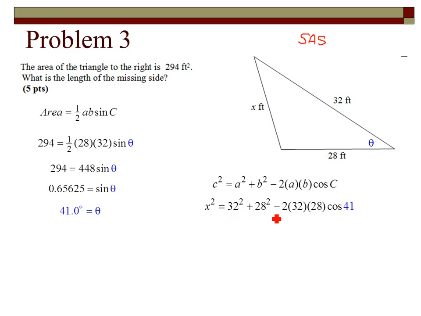This you can calculate straight out on your calculator. And again, these are the three pieces that I had. This is on one side of the equation. And then the x is by itself. That's how the formula basically works. Calculate out, I get x squared is equal to 455.86. Take the square root, and I get 21.35.